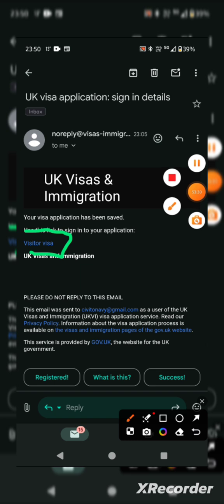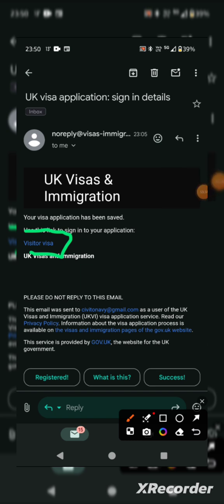Remember, you can either submit online or you can submit your documents in person. But you submit the application you filled.